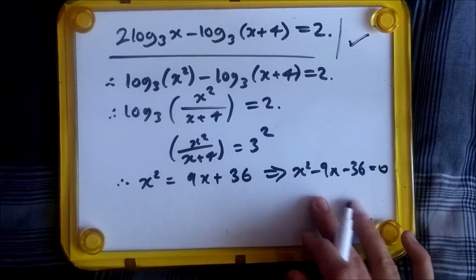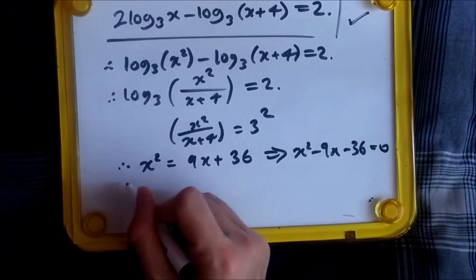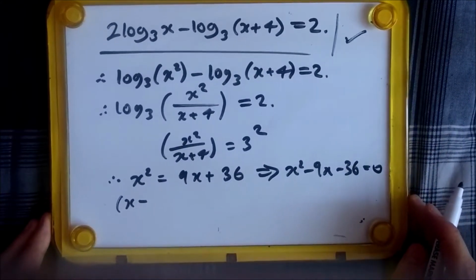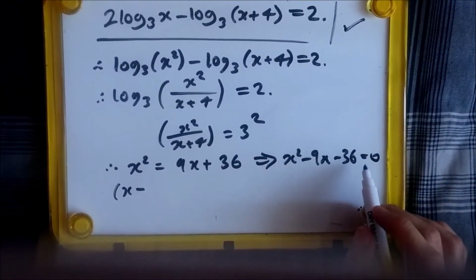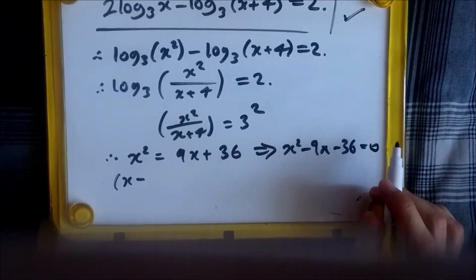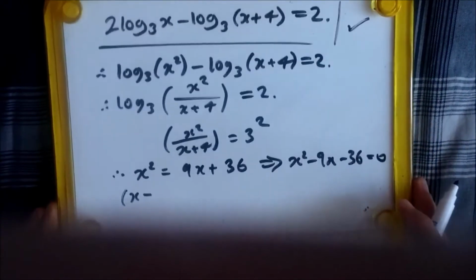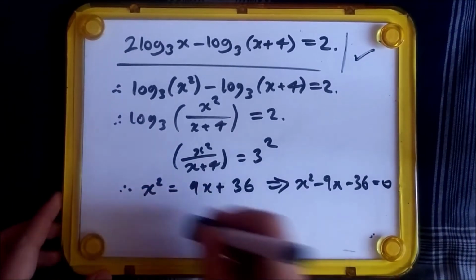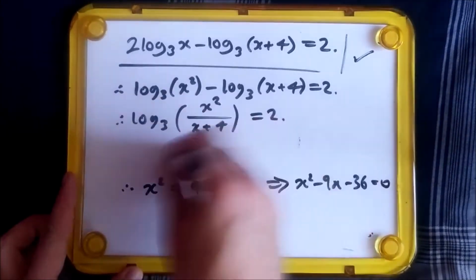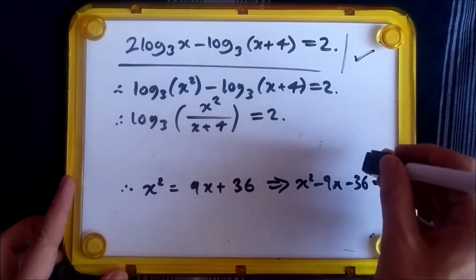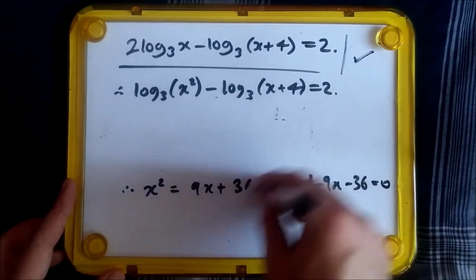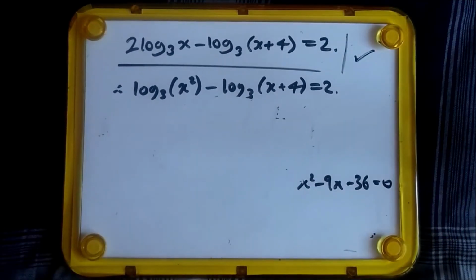Now, factorizing is the easy part, so factorizing this should give us x minus, so let me think again, to get 36 we need what, 9 and 4, nope, we don't want 9 and 4, what else do we want? Well, I'm not too sure what we want, so I guess we should use the quadratic formula. Okay, so let's make some space. So this part we literally solve for x, so I'll just use the quadratic formula honestly.